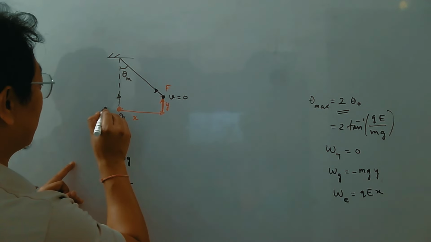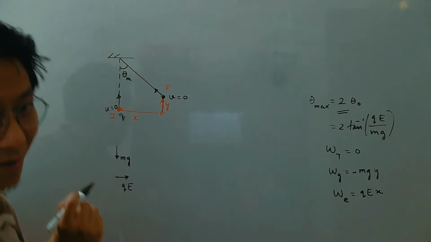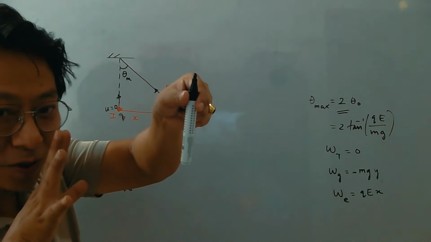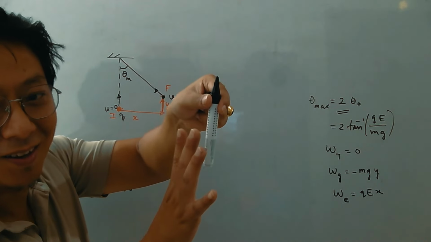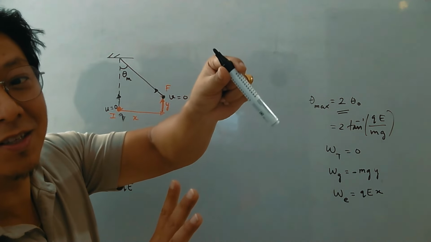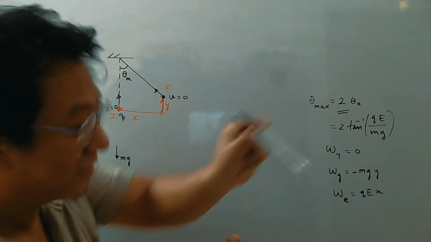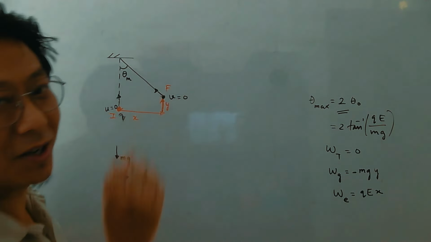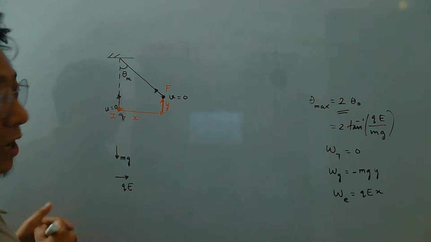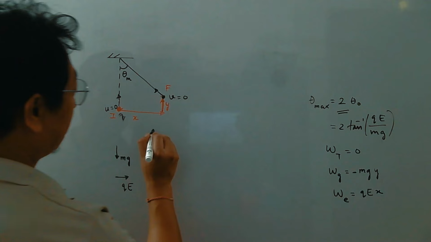Now our pendulum started from rest, right? Initially it was at rest and then we switched on the electric field. As it went, when it reaches maximum deflection, its velocity again becomes 0. So now let us use the work energy theorem.